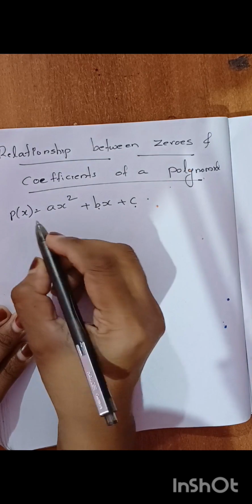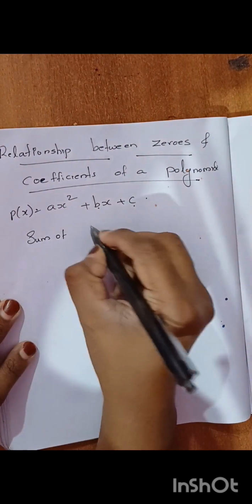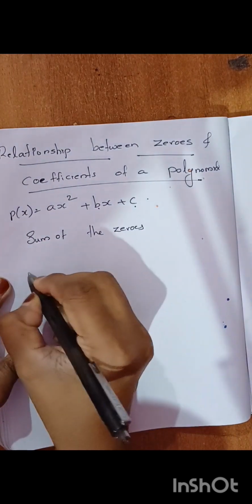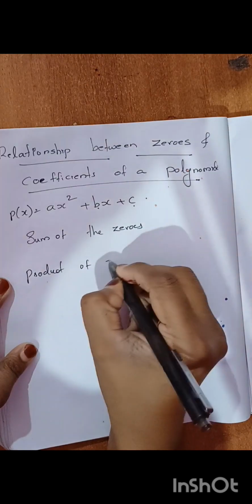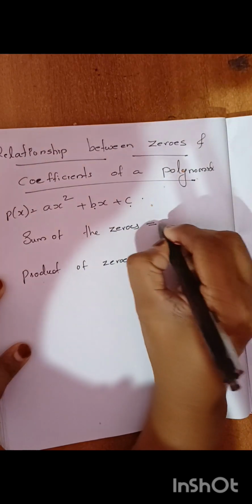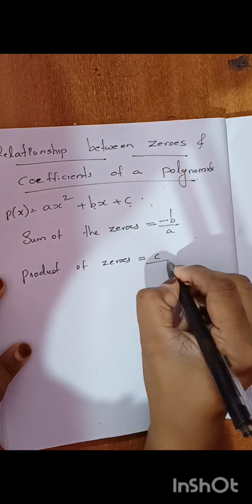So here in your textbook, if we want to find out the sum of zeros and product of the zeros, we can use the equation: sum of the zeros is equal to minus b by a and product is equal to c by a.